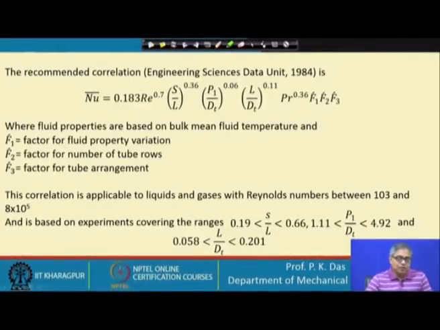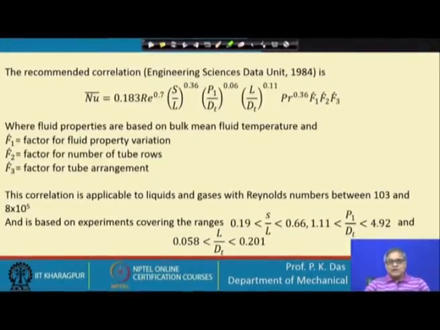F1 is the factor for fluid property variation. So, this is one thing we routinely use for heat exchangers. Actually, in a heat exchanger there will be heat transfer between the solid surface and the liquid or gaseous fluid. So, the bulk of the fluid and the solid surface will have different temperatures.